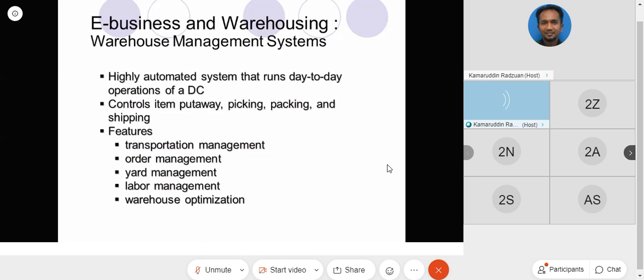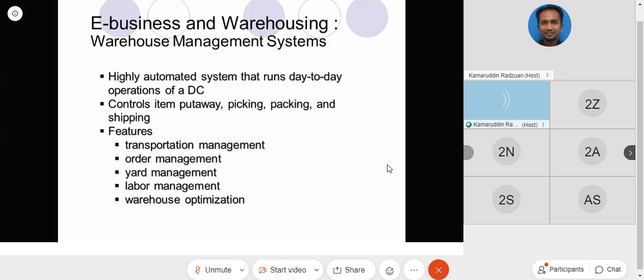So in e-business, normally we have general applications or activities that are done via the internet or online. For example, we have transportation management: how do we schedule the transportation routing?